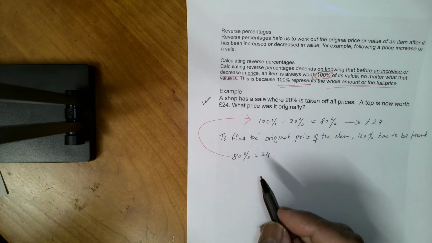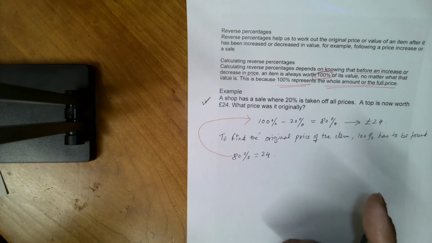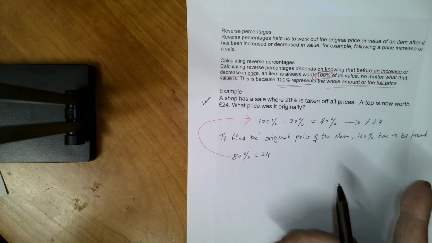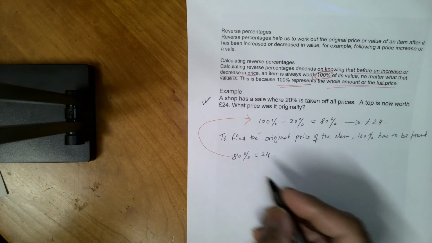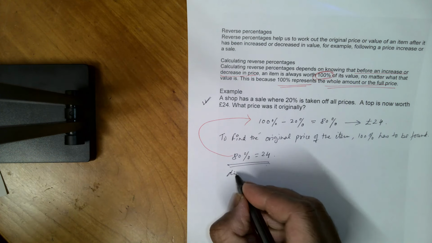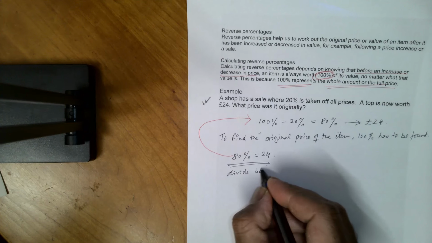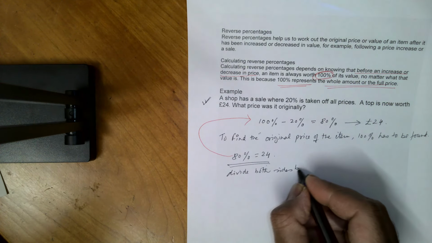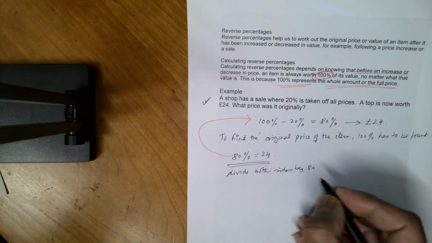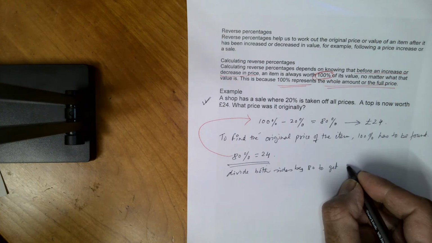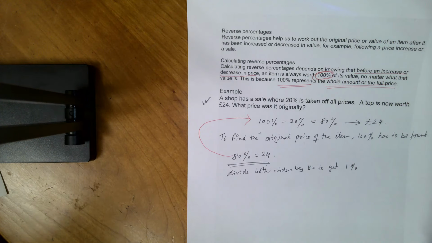Now what we do, we need to get 1%. Okay, so that's the catch, 1%. So how do you do that? The best way of doing it is you can divide both sides by 80 to get 1%.